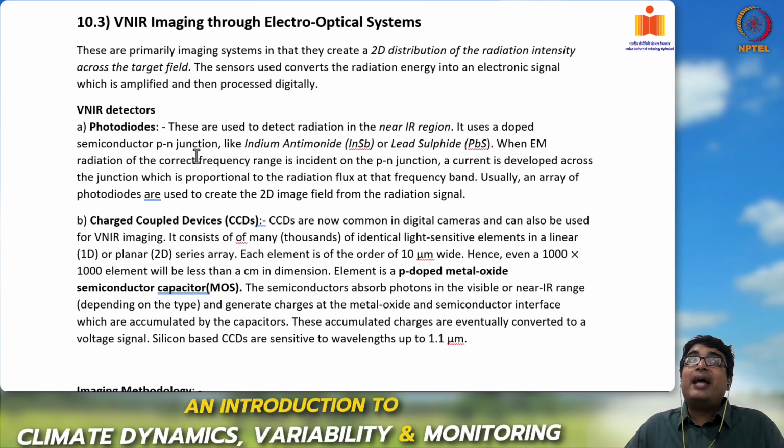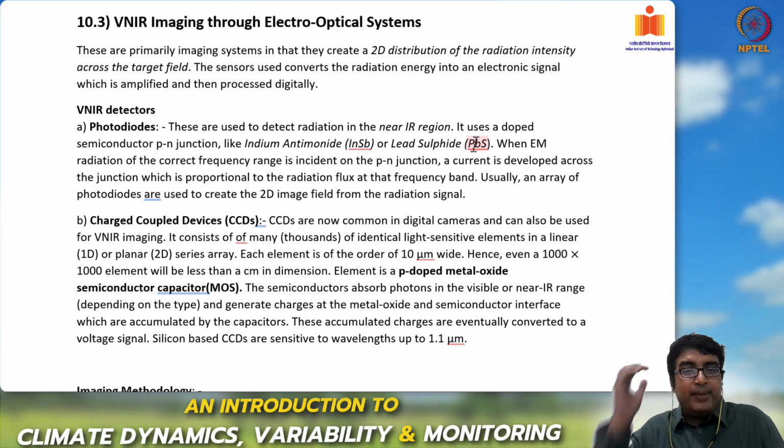These are light sensitive diodes, that is, they absorb photons of different frequencies and create an electrical signal out of it. The PN junctions used for photodiodes are made of materials like indium antimonide or lead sulfide.